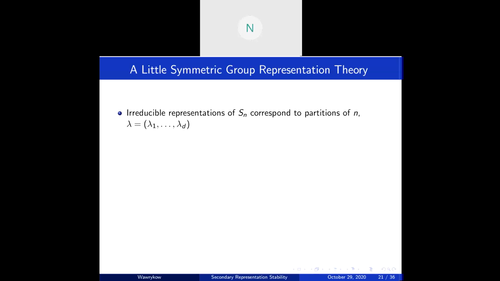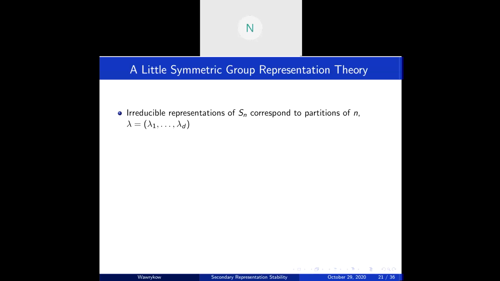And there's a nice correspondence between the conjugacy classes of S_n and the partitions of n, because any way of partitioning n just gives you the sizes of the cycles in the conjugacy class. It turns out any two conjugacy classes that have different cycle lengths are different, and if they have the same cycle lengths, they are in fact conjugate.